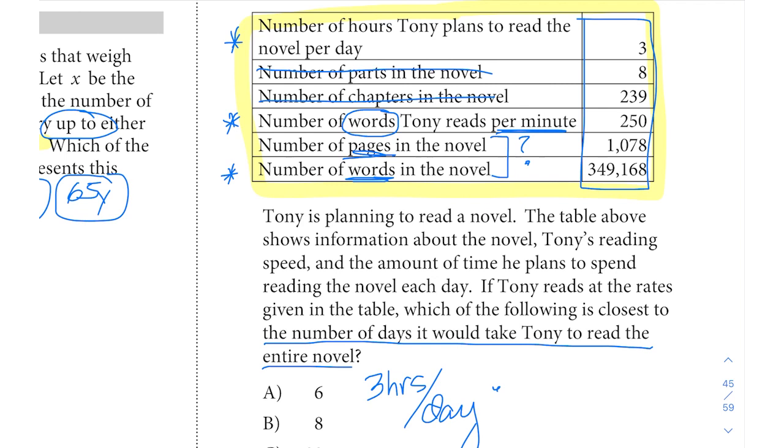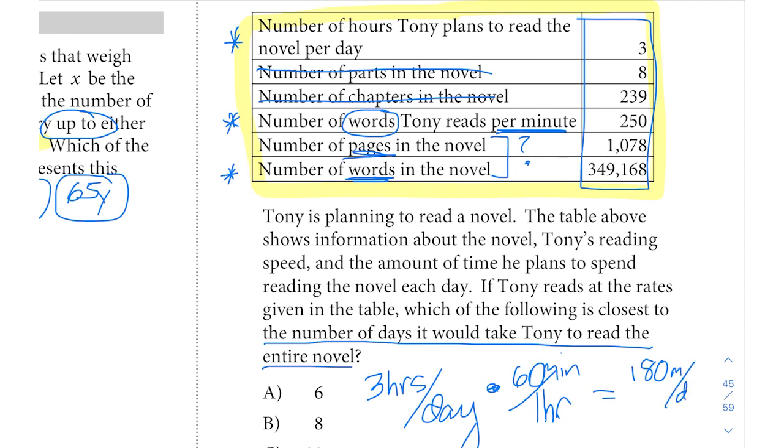Well, 1 hour, if we multiply that, is going to be equivalent to, whoops, wow, I wrote that messy. Let's try that again. 1 hour is going to be equivalent to 60 minutes, right? There's 60 minutes in an hour. So if we do 60 minutes per hour and multiply that out, that's going to be 180 minutes per day.